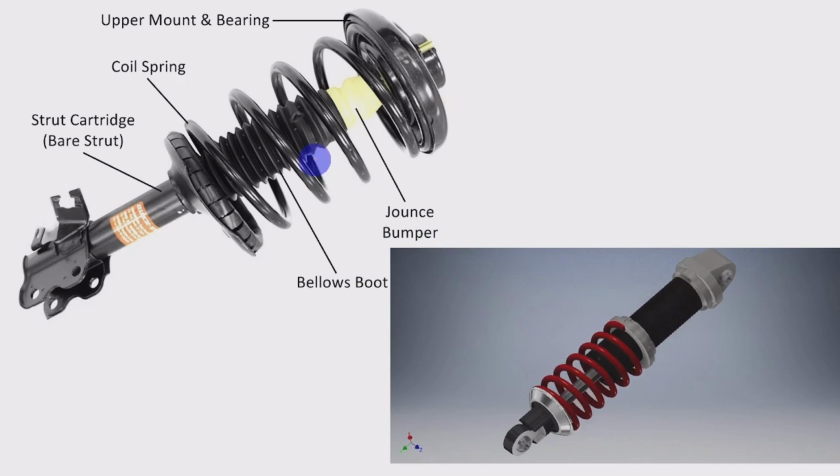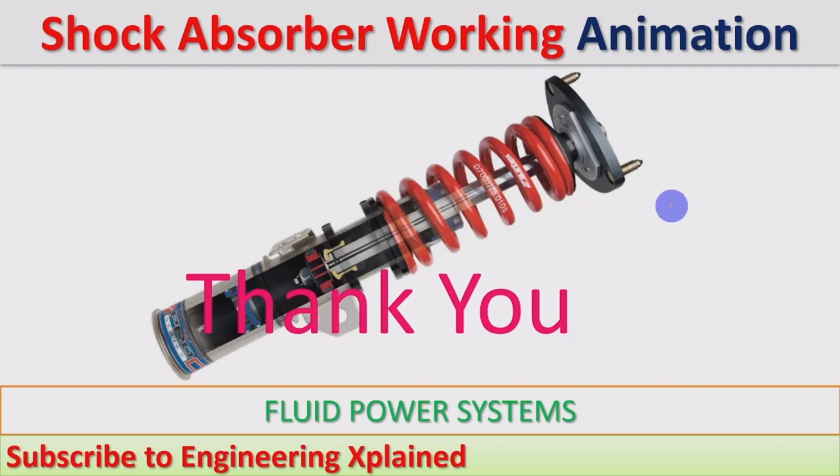By that, the shock absorption will be taking place. That is the strut type shock absorber we can see. Here is how the shock will be absorbed through the spring and this bellows boot. By that the shock absorption will be taking place, and usually for small loads this type of shock absorber is used.